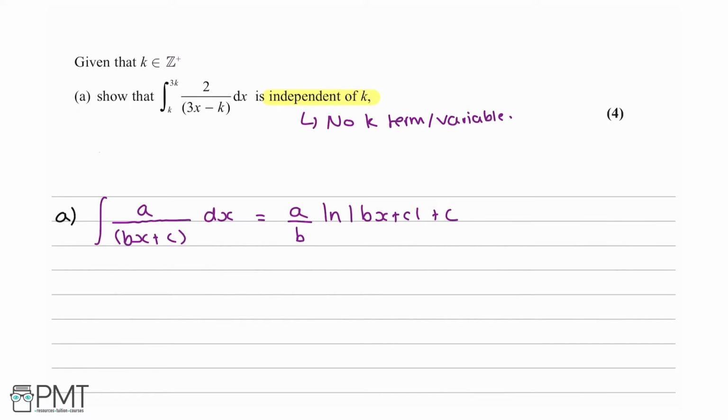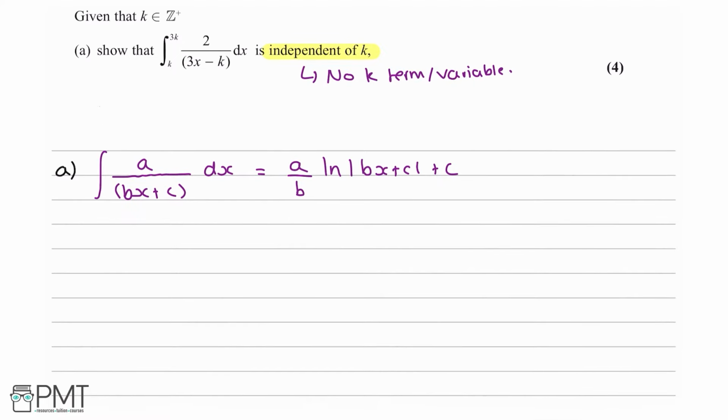All right, so we can see that the integral of 2 over 3x minus k with respect to x equals, so first I'm just going to evaluate this integral without the limits of integration, just as a first step to show the examiner that we can actually evaluate the integral, because this is a marking point.